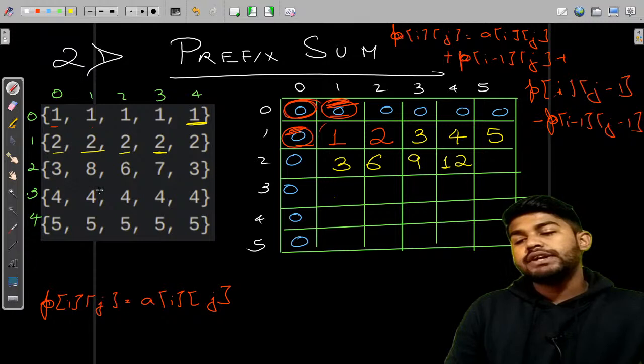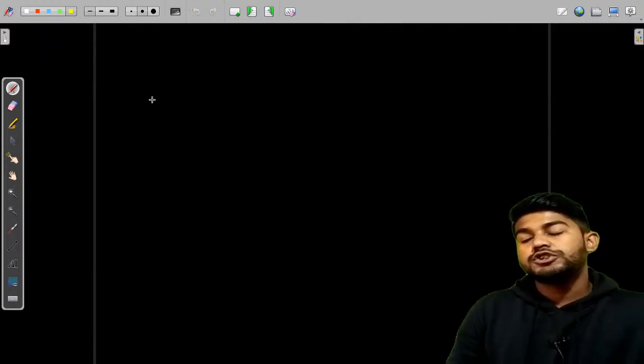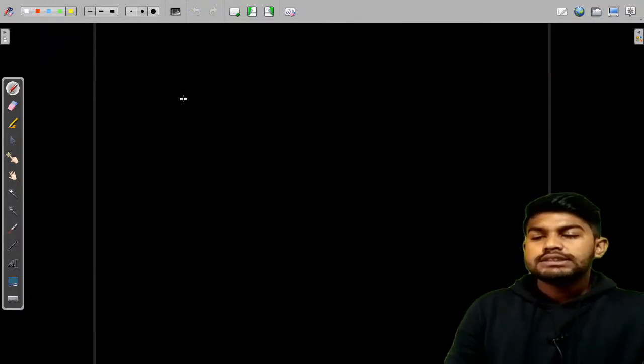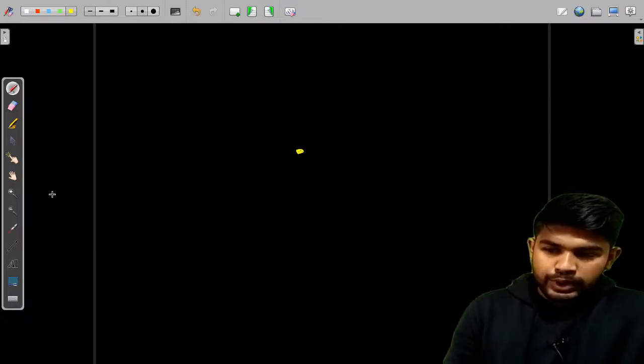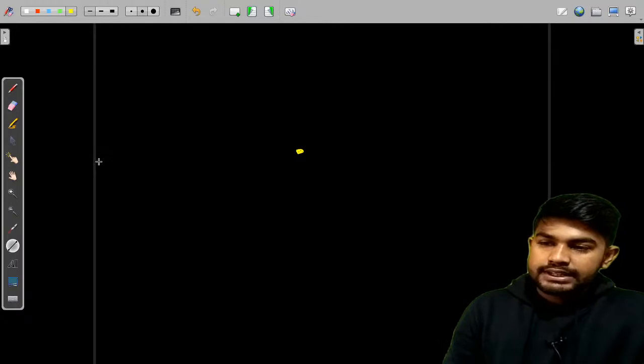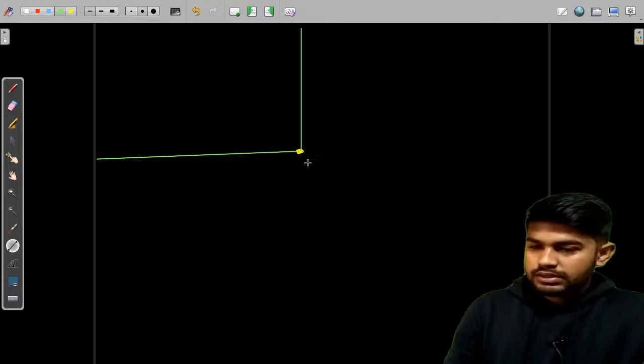Suppose we calculated. Let me just try to visualize this. Suppose at any point we touch this point, then this point would tell us the sum from this to this.